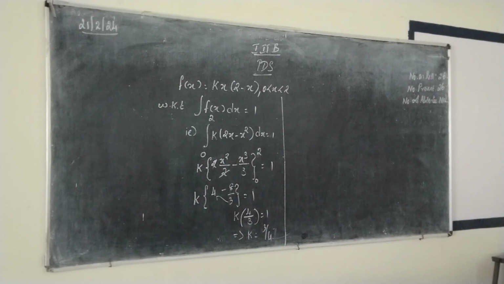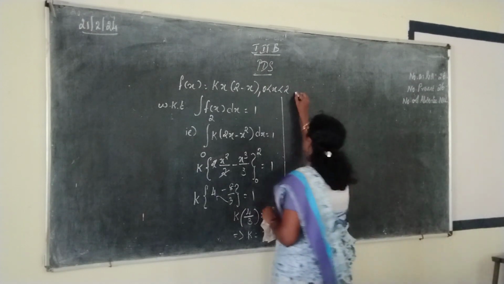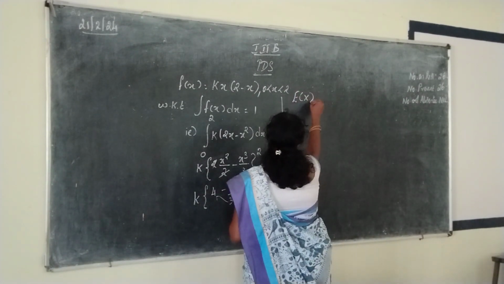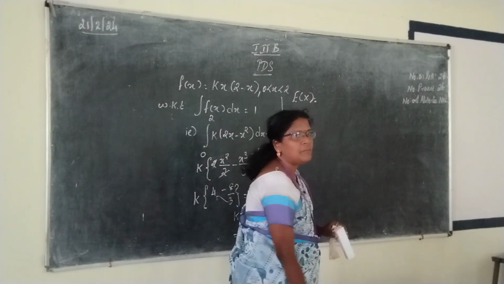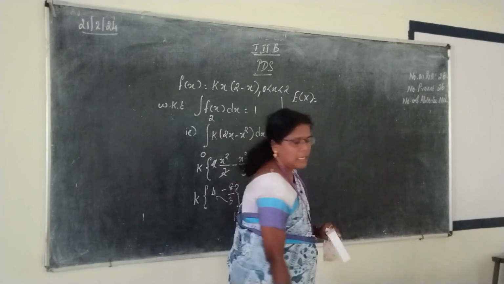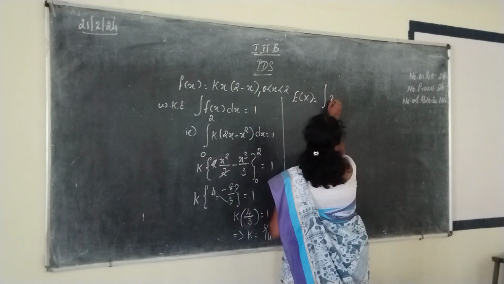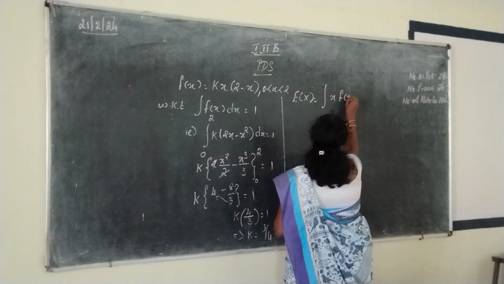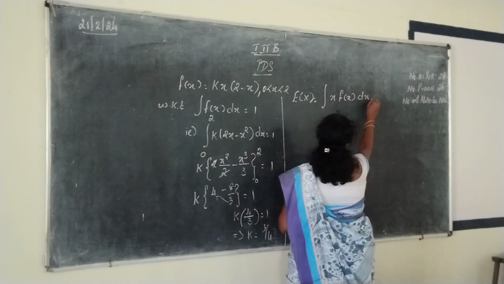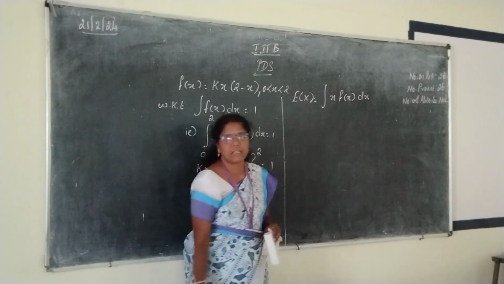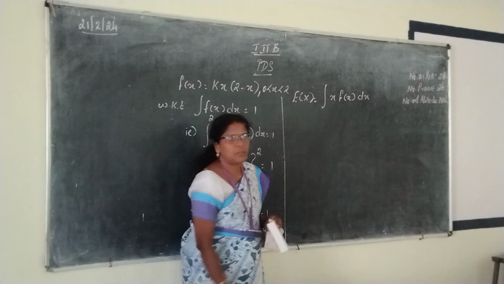What is the next one you have to find? E of x, the mean value. So expectation of x is equal to, now this is the continuous case. What is the formula? Integral of x into f of x into dx. Now substitute.